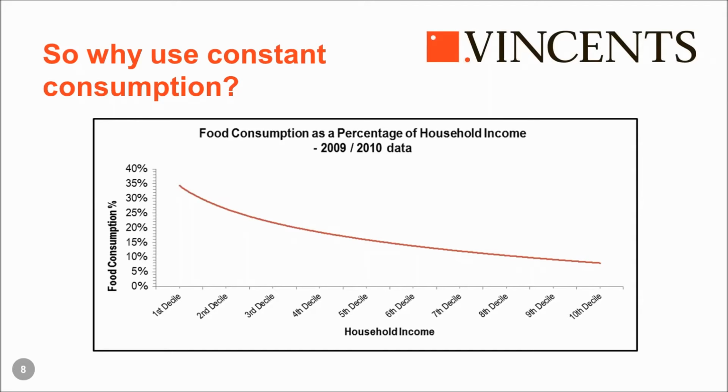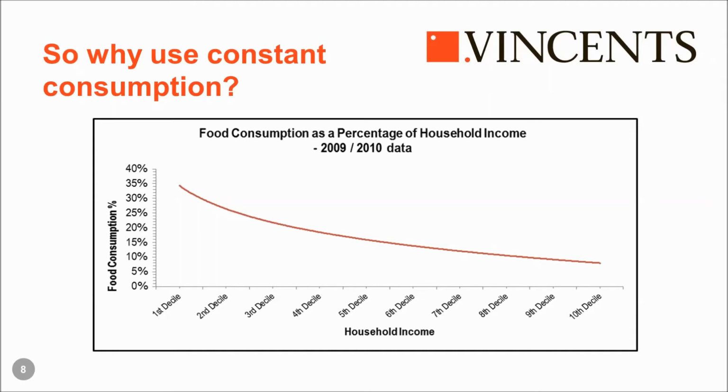It shows that people at the very lower income spectrum spend approximately 35% of their income on food consumption, whereas at the other end of the income spectrum, households typically spend around about 10% of their income on food consumption.